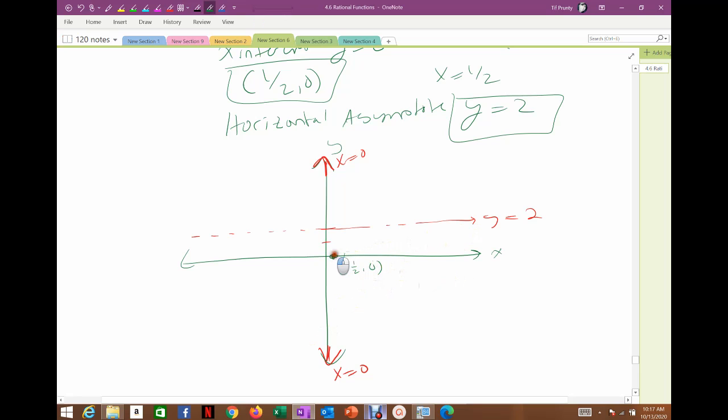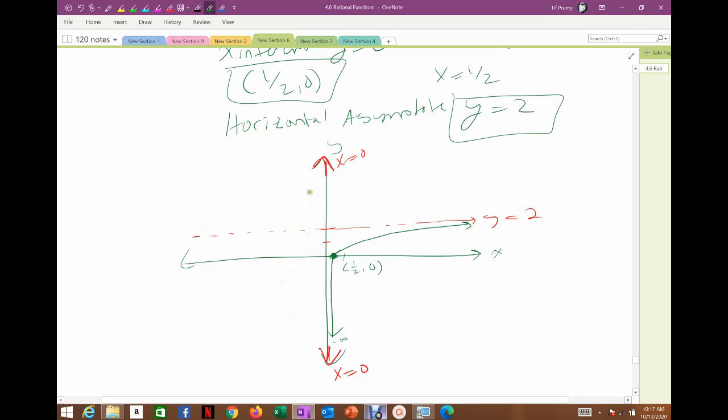And so I know that since it's crossing the x-axis, and that's the only place it's crossing the x-axis, it's got to come up here and approach my asymptote on that side, and then it's got to come down here and approach my asymptote on that side. And so the shape of this graph is this little piece on this side. It's approaching my y-axis, shooting down to negative infinity, and then it's approaching my horizontal asymptote at 2, which tells me, since it doesn't cross the x-axis over here, the graph has got to be above my asymptote, because it can't cross it.